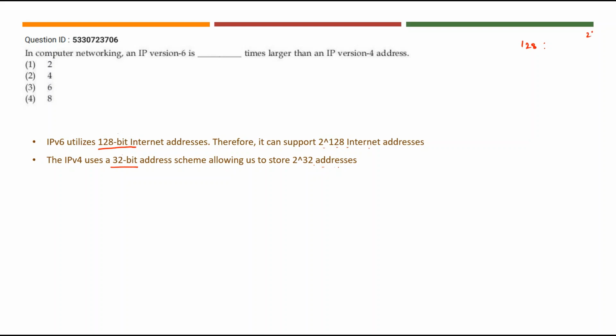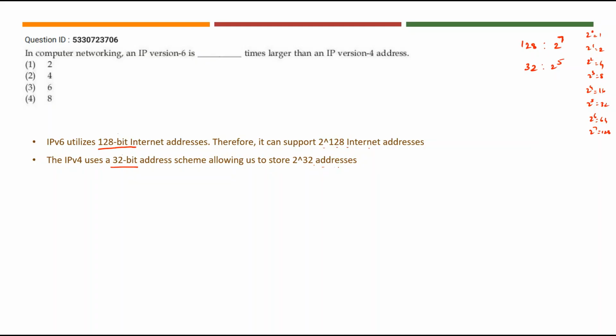So we know 2 power 0 is 1, 2 power 1 is 2, 2 power 2 is 4, 2 power 3 is 8, 2 power 4 is 16, 2 power 5 is 32, 2 power 6 is 64, 2 power 7 is 128. So this is 2 power 7. What about 32? It is 2 power 5.